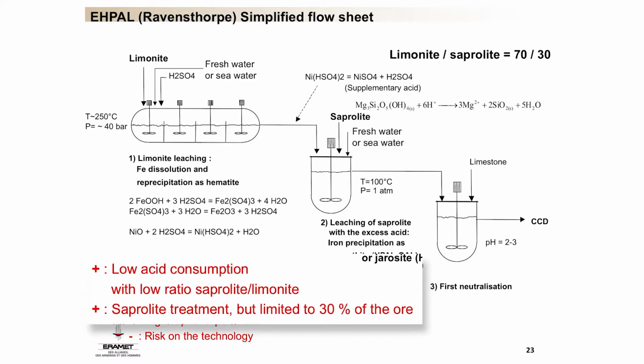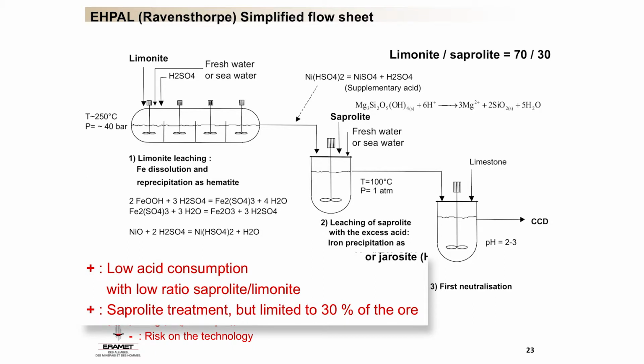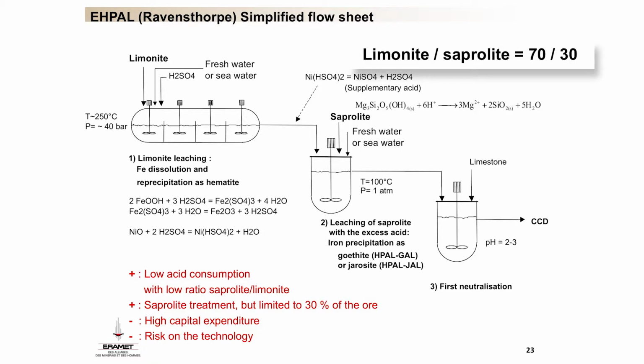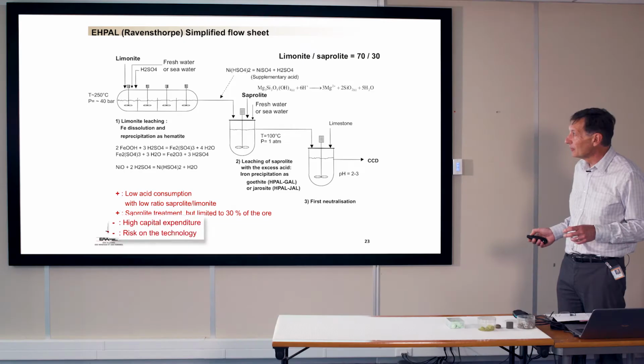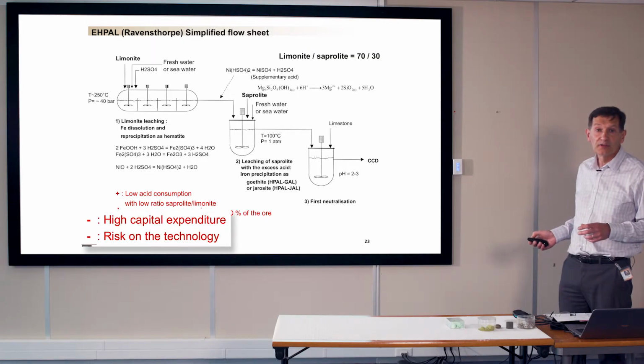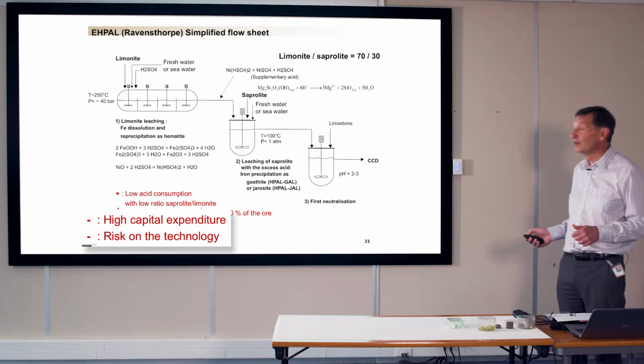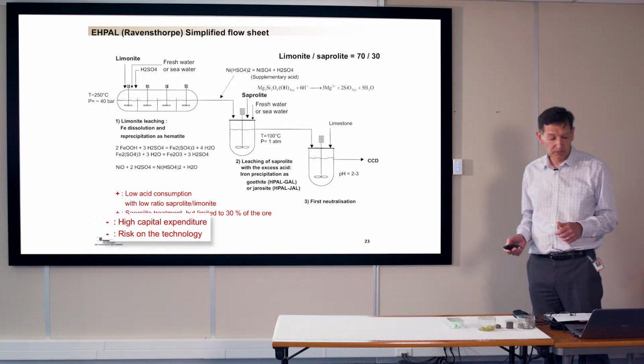The advantage of this flow sheet is that the acid consumption is rather low, and you can increase the ratio of saprolite and limonite. You see you are at the level of 70% of limonite and 30% of saprolite. But there remains some risk on the high pressure acid leaching part, risk on technology and very high capex for these processes.